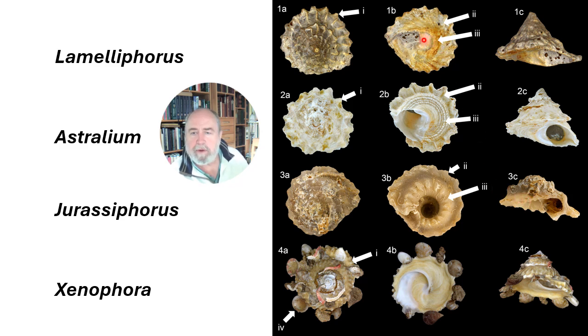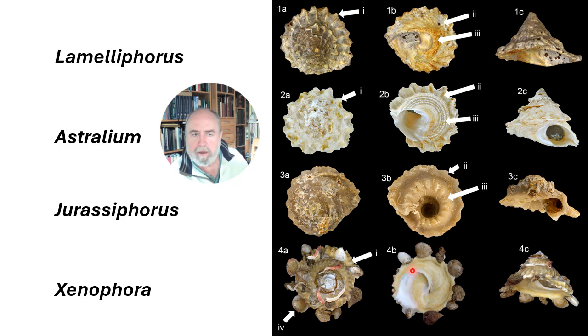Lamelliphorus is a little bit more similar to Xenophora, but there is, in my opinion, one big morphological difference. The ornamentation on the base of the shell in Lamelliphorids is large, with ribs and spiral ornament, and in Xenophora it's mainly, not smooth, but with very shallow ornament, and it does not have ribs on the base.